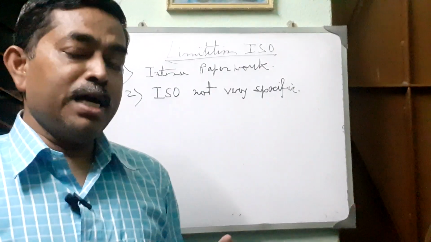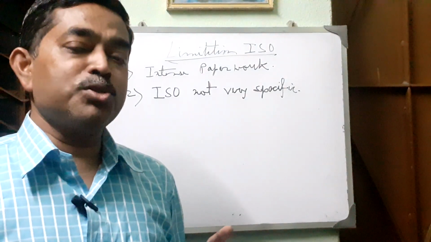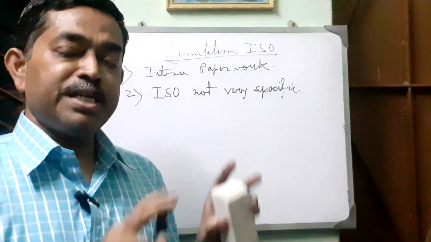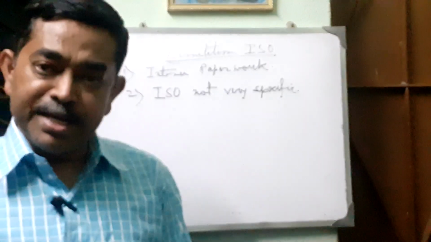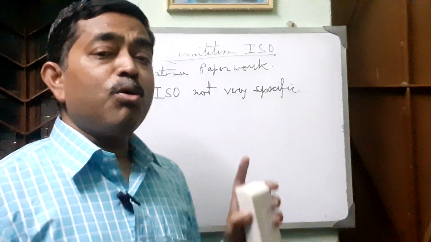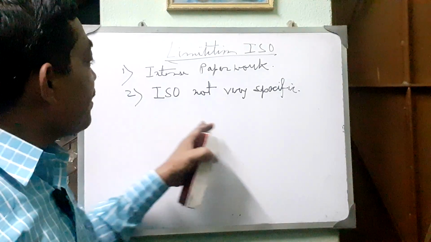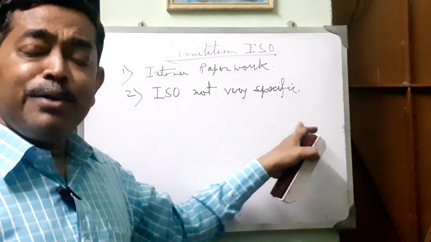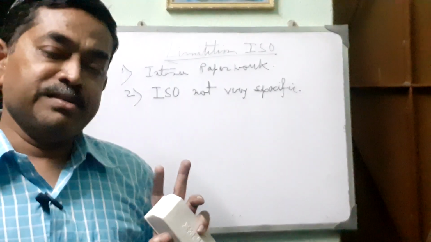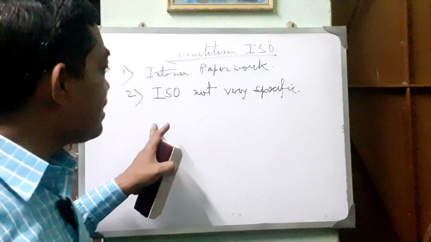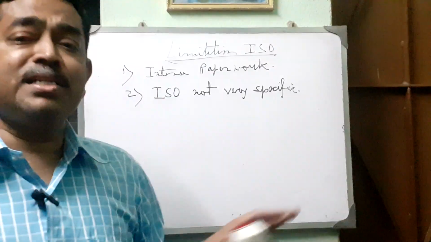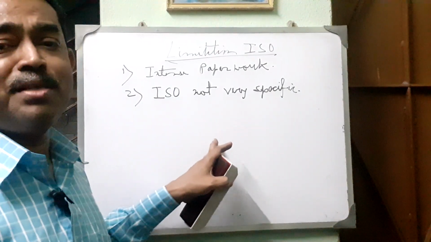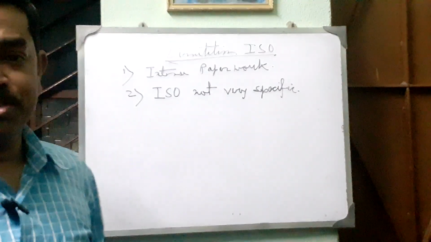You have to do the root cause analysis and also make the CAPA, corrective and preventive action. But they are indifferent in this matter and do not take any responsibility. I think this point should be very seriously focused on by the ISO organizations.